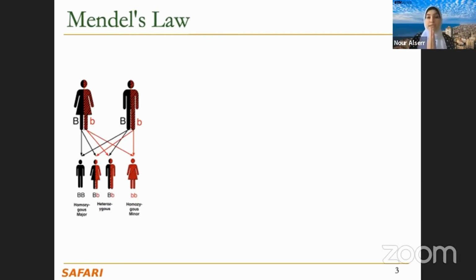Now, for each SNP, the allele itself can be a major allele, which we represent here by the capital B, or a minor allele, which we represent as the small letter b. If you inherit both major alleles from your father and mother, then we call it homozygous major at that SNP, that location in your DNA.